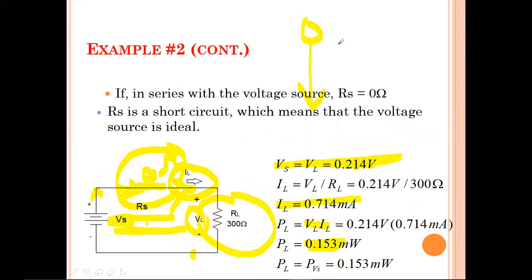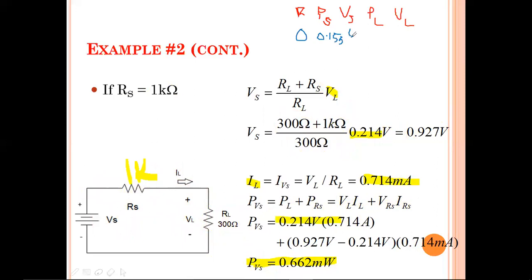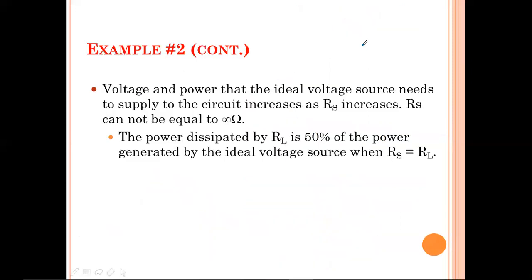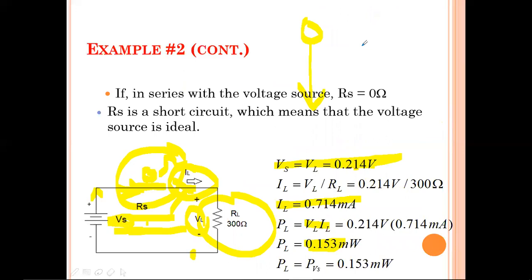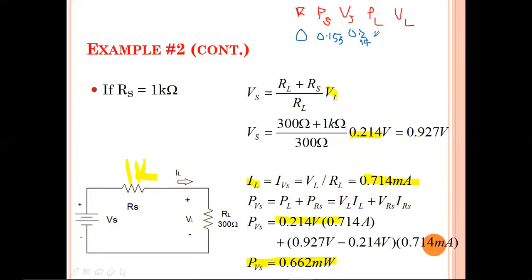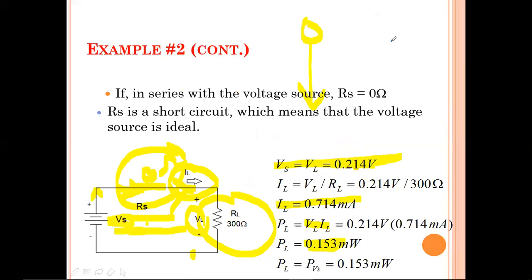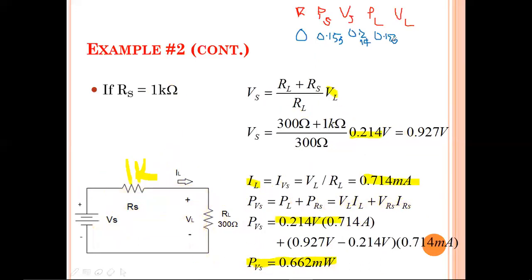The voltages Vs and VL are both 0.214. The load power is the same, 0.153, and the voltage at 0 ohms is the same, 0.214, right?